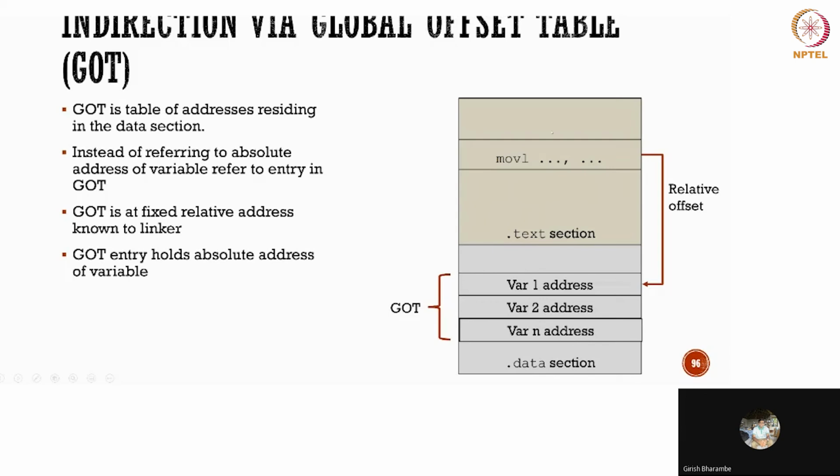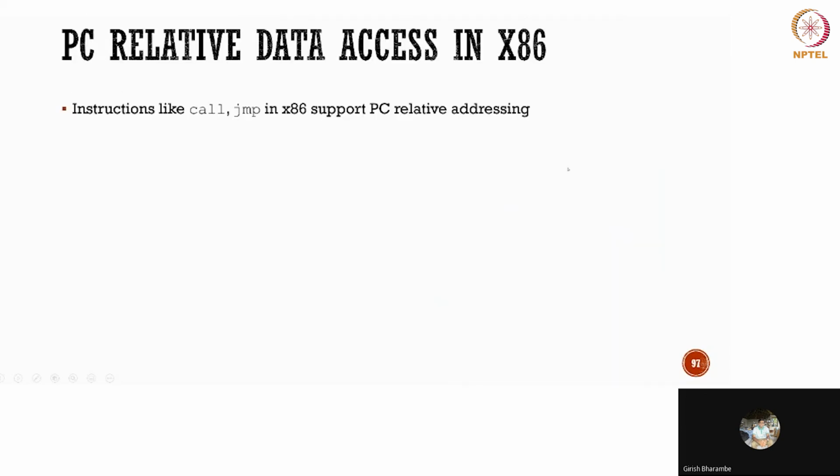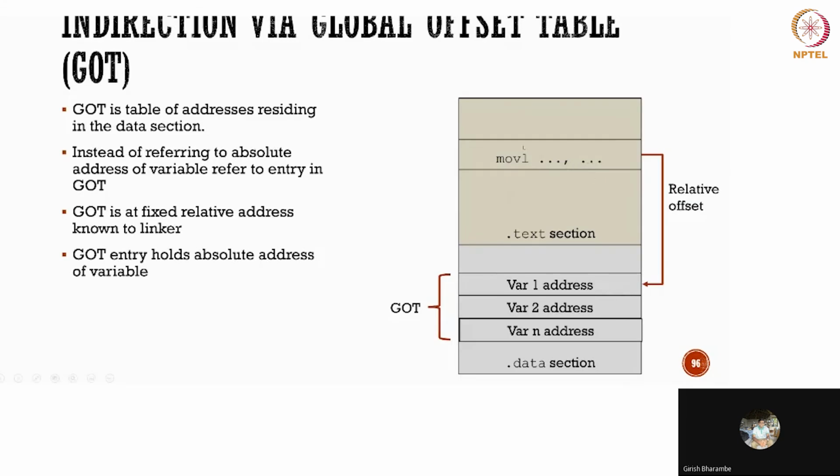So you can change this move instruction to first load the GOT address, right? And the GOT is at a known, fixed relative offset. So you should know that the GOT is at this PC relative offset from this instruction.